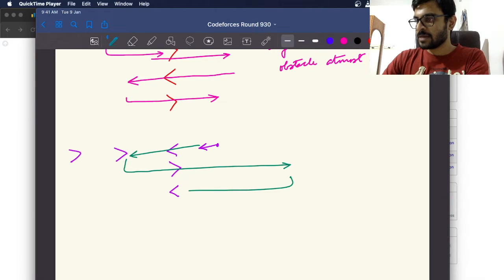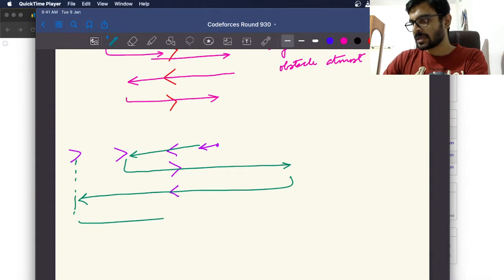So if it comes back and then hits this particular one, that one gets inverted, it will come back, and when it comes back, can I say again this guy has turned to the right because of this collision, because of this movement.